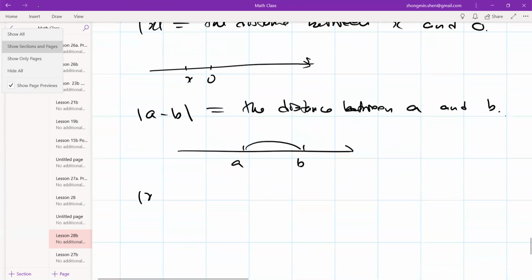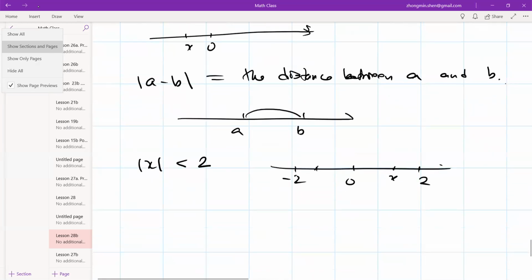All right, so absolute x is less than 2. What is the meaning of that? The meaning is all the points whose distance from the origin 0 is less than 2. Okay, if here is 2, x could be here, could be there. So if you remove the absolute symbol, this is equivalent to saying that x is less than 2 and greater than negative 2.